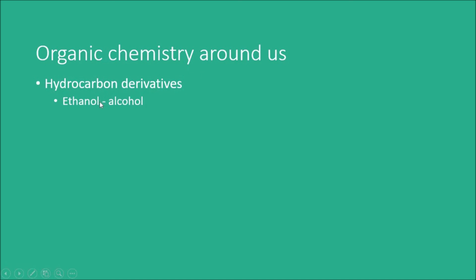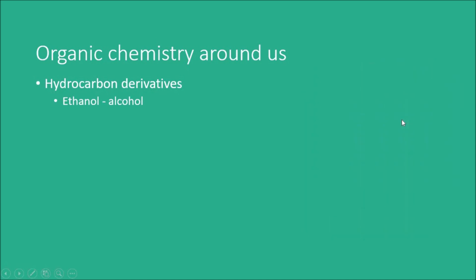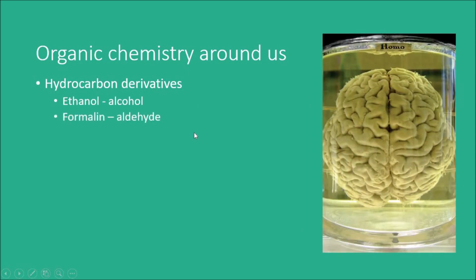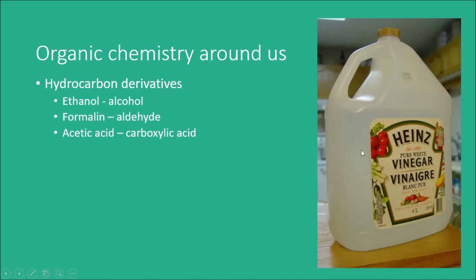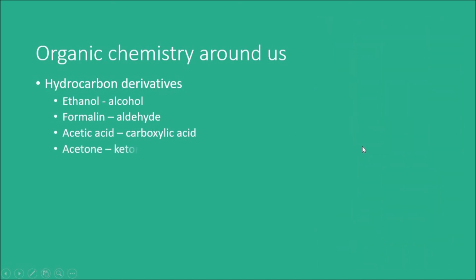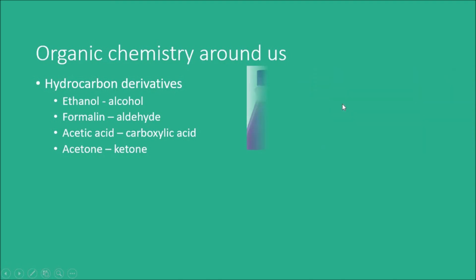In alcohols, we make use of ethanol, under rubbing alcohol. We make use of formalin from aldehyde, which is a preservative. We use acetic acid, a carboxylic acid, vinegar, also known as vinegar. Acetone from ketone can be used as paint thinners or nail polish removers.